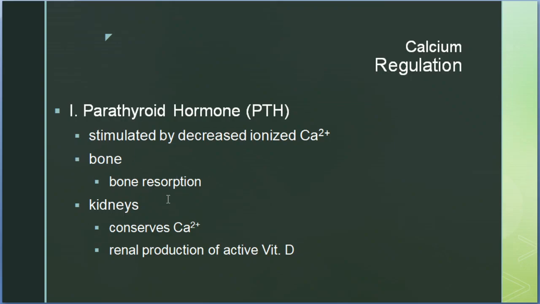There will be bone resorption, in which activated osteoclasts break down bone and subsequently release your calcium into your ECF to raise the calcium level. In your kidneys, it conserves your calcium. There will also be renal production of your active vitamin D. In the kidneys, it increases tubular reabsorption of your calcium ions.